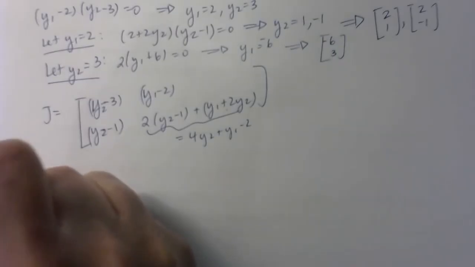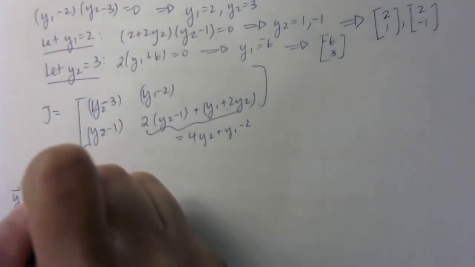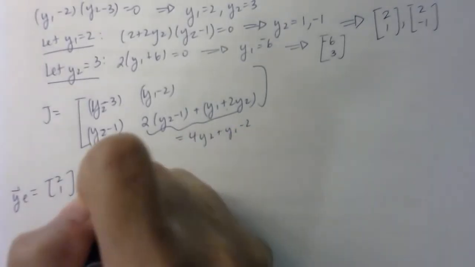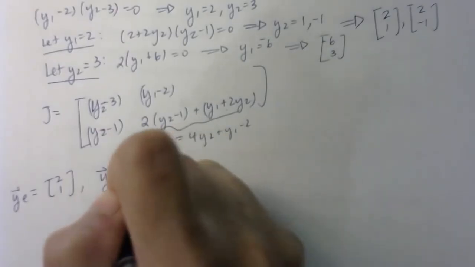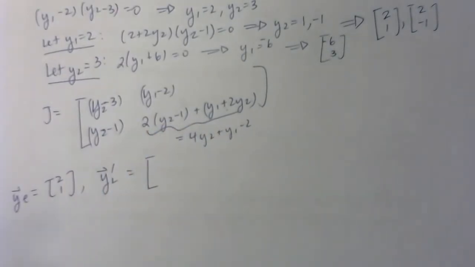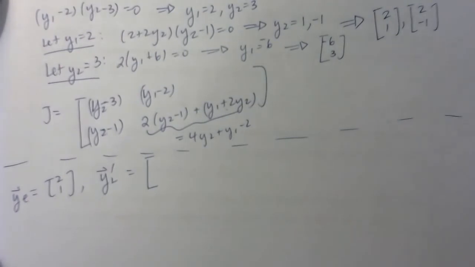So when ye is equal to 2, 1, the linearized system, we'll write this, yl prime is going to be A. So that's the Jacobian. So 2, 1.